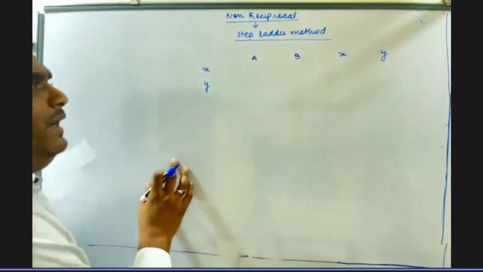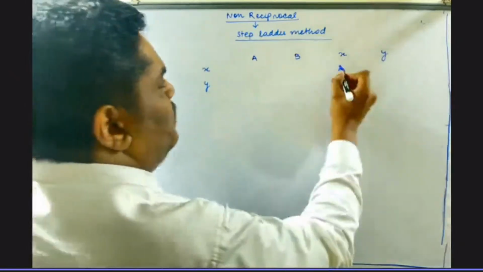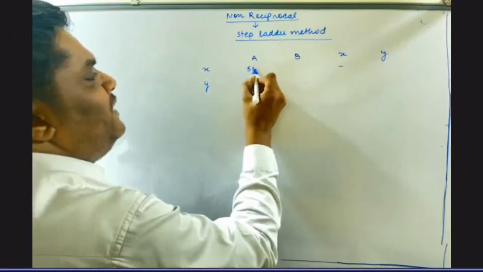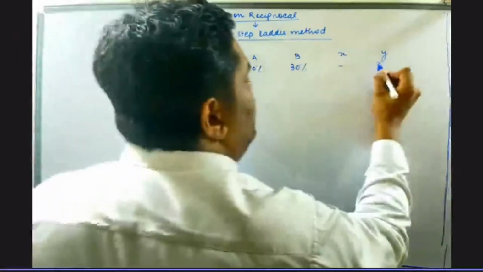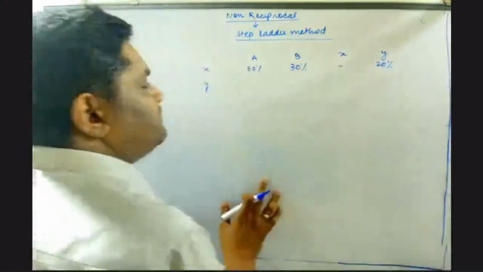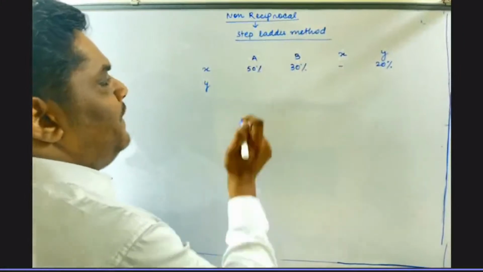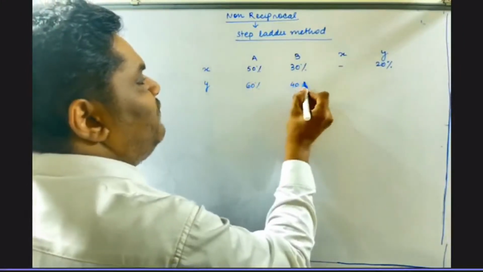The overheads of service department X will be distributed as follows. Let's say 50%, 30%, and 20%. When talking about the overheads of service department Y, 60% and 40%.